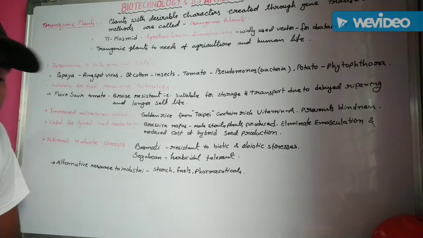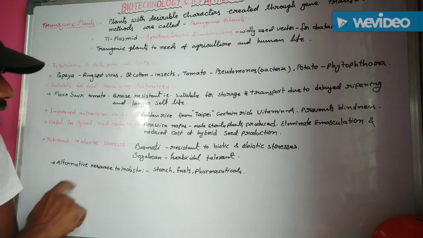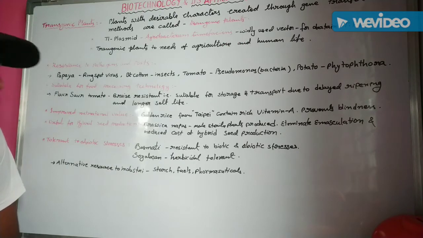These transgenic plants are especially alternative resources for industry, such as starch, fuel, and pharmaceutical industry.